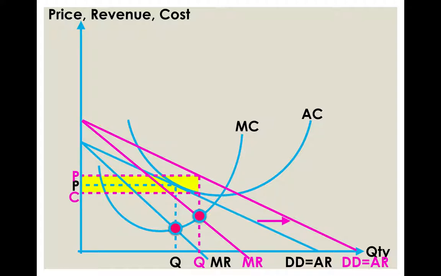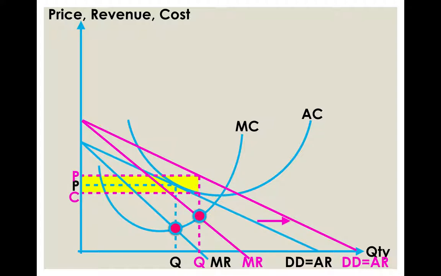Something that I would like you to consider before I go on: can these supernormal profits be sustained into the long run? No, it cannot. Why is it that monopolistically competitive firms cannot sustain earning supernormal profits all the way into the long run?